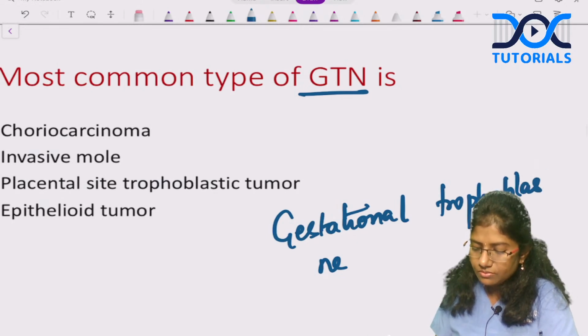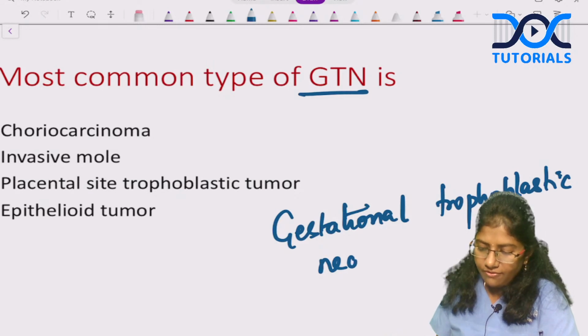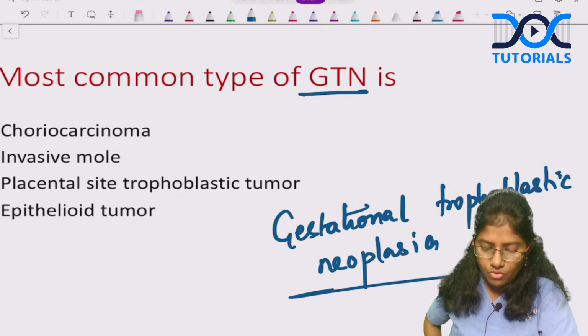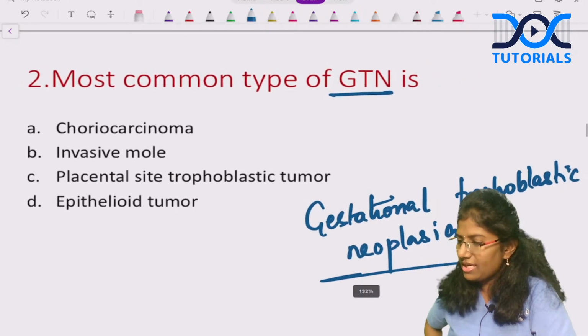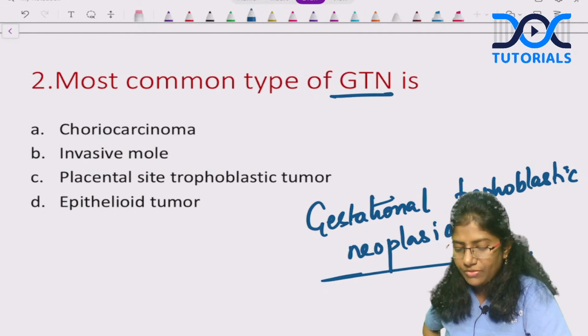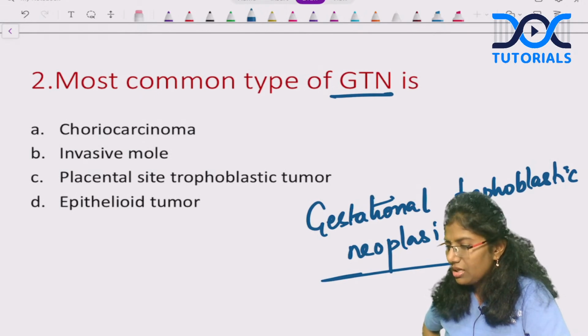We have 4 options here: choriocarcinoma, invasive mole, placental site trophoblastic tumor, and epithelioid. Come on, give your answer for this question.